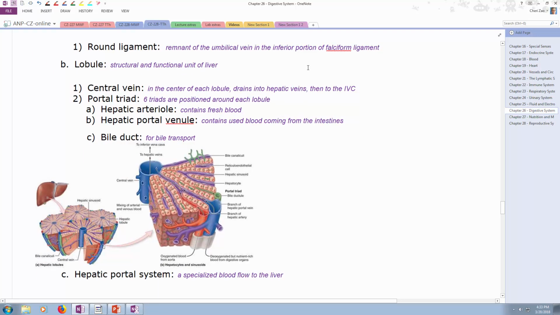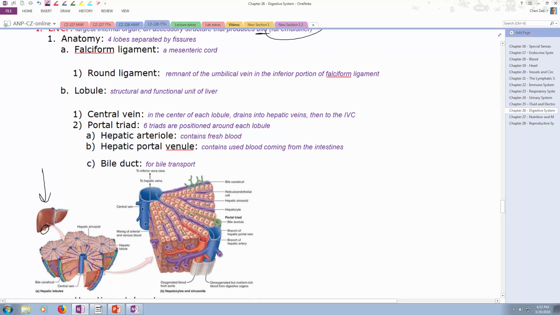This little teeny tiny picture down there actually shows you the large right lobe of the liver with the gallbladder peeking out from the anterior margin of our liver. We do have a mesenteric cord that actually helps suspend the liver from the diaphragm and the ventral body wall. It's called the falciform ligament.